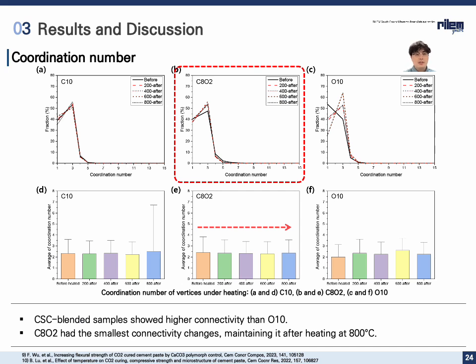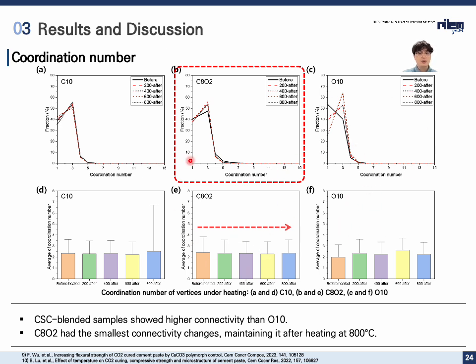We also conducted the coordination number analysis, where a high coordination number means high networking, a highly connected structure. The results show that the CSC blended samples like C10 and C802 show higher connectivity compared to the OPC-only O10 samples.